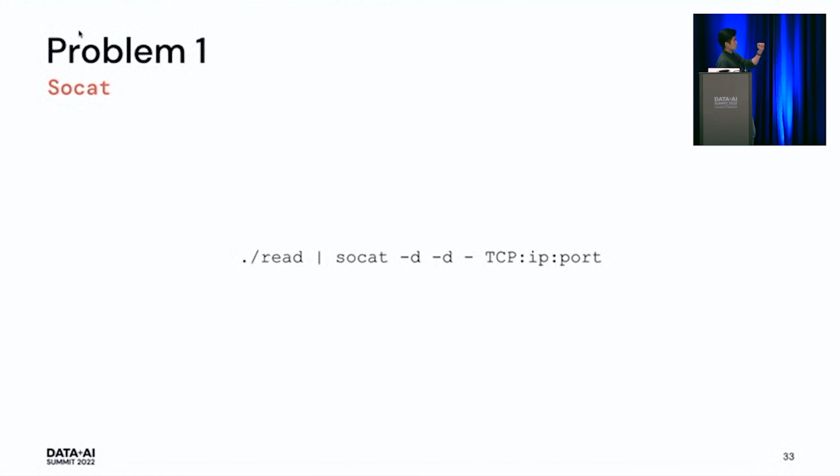So let's go through what this simple command is doing with socat, right? You have your read CLI. And with this single socat command, we are able to take that output stream, wrap it in a TCP protocol, and shoot it to a remote IP port connection, all without writing a single line of code ourselves, except for using socat. So it's a great solution to problem one.